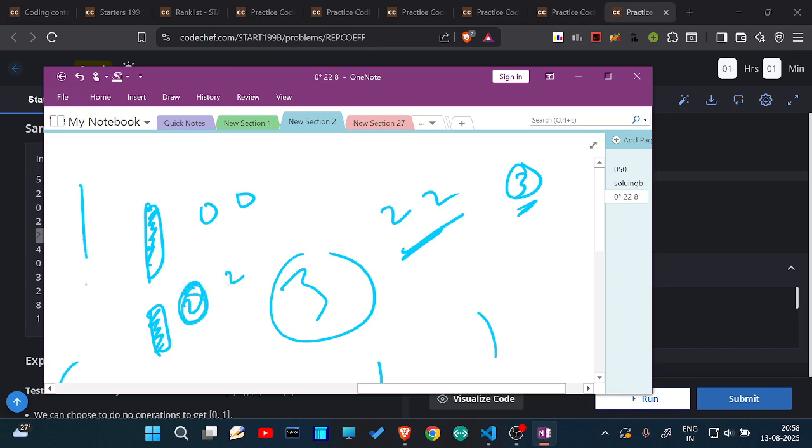If we don't apply the operation, so far we can get arrays.